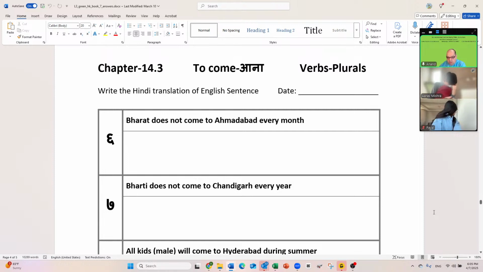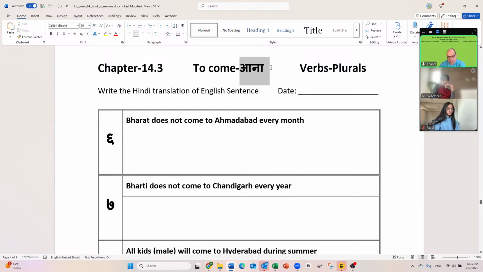Are we talking about a habit or one instance of something happening? It's a habit. So when it's a habit, which form do we use? Do we use ta form, ya form, or the future form? Ta form.